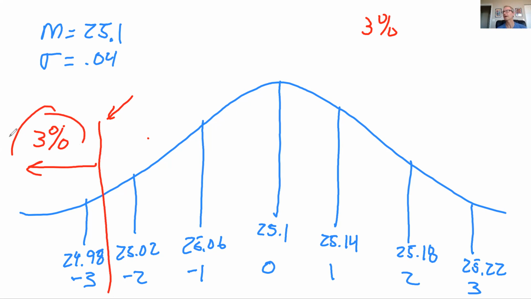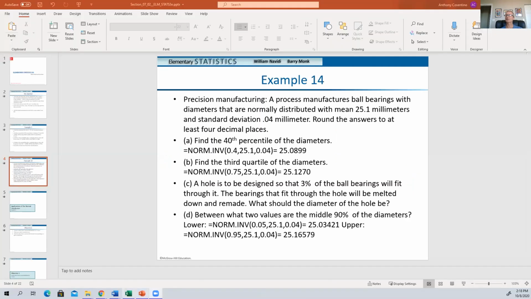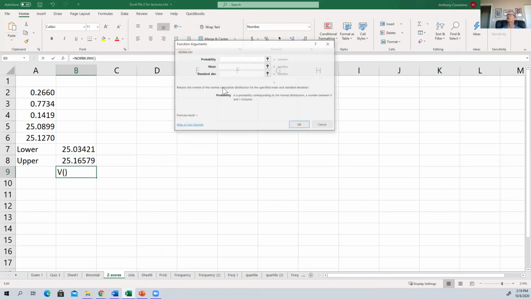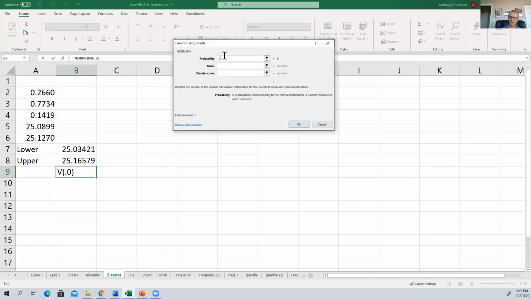So we would go back to norm.inv in this case. And so this should be the last one of these. Probably getting sick of this. So when we do this calculation, we get to 3%, which is 0.03 in decimal, mean 25.1 again, and the standard deviation of 0.04. Cool.